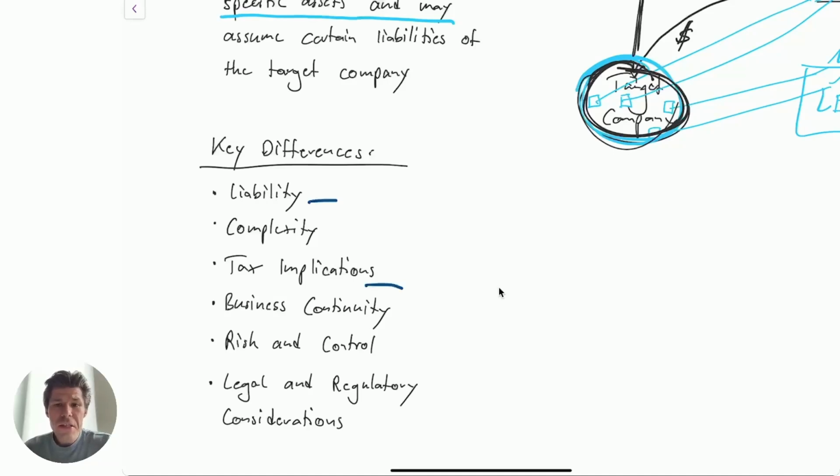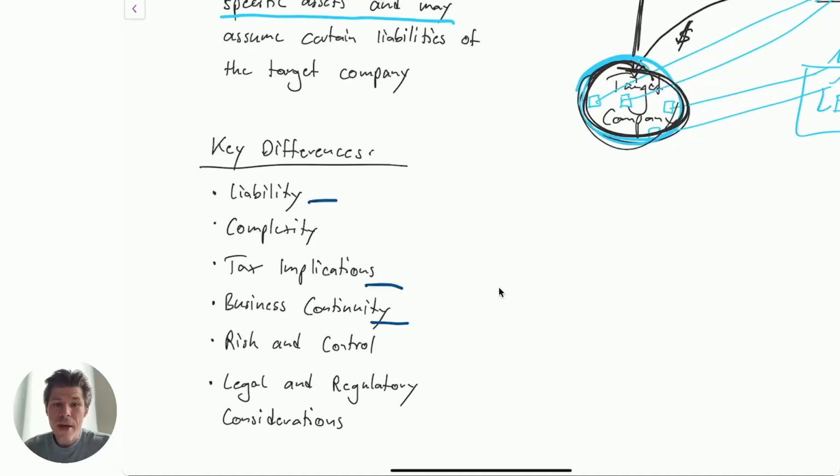Continuity. Share deal, smooth as discussed before because everything just moves. Employees generally remain employed under the same entity without requiring new employment contracts. Asset deal is quite complicated.